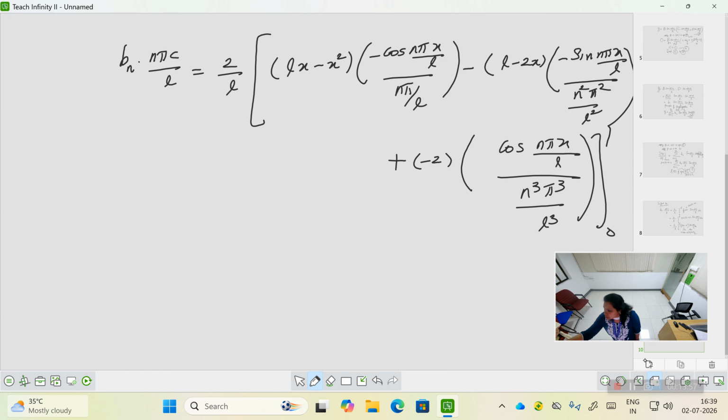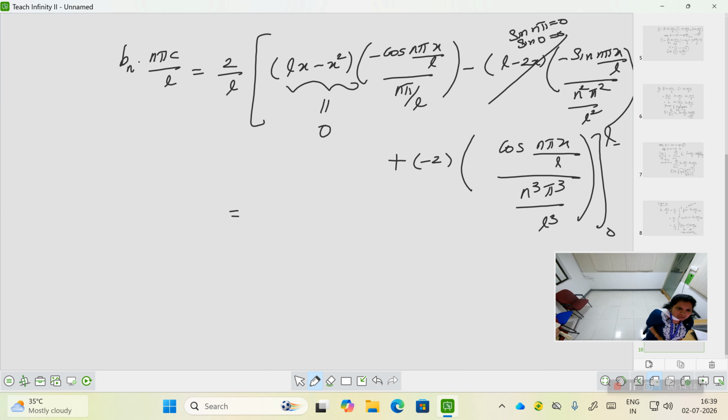So the limit is from 0 to L. As you know, all the sine terms will get cancelled because sin n pi is 0 and sin 0 is also 0. The first term also vanishes because it is 0. So we are left with only the last term.